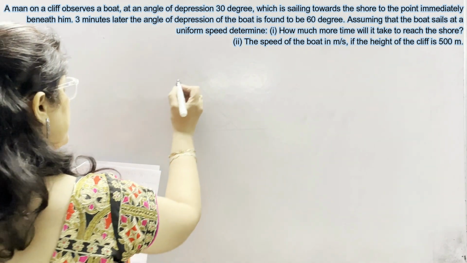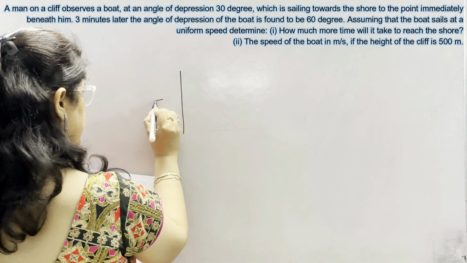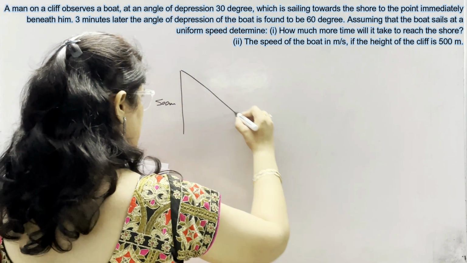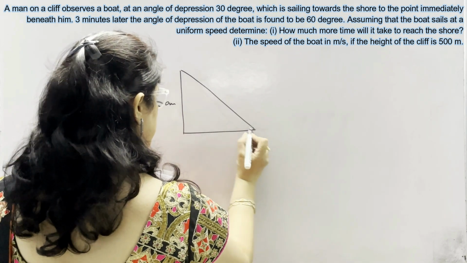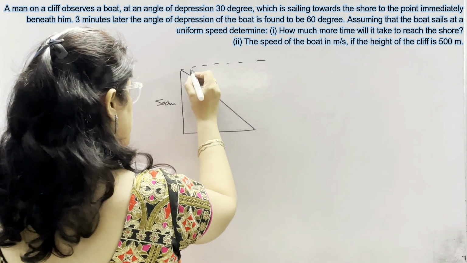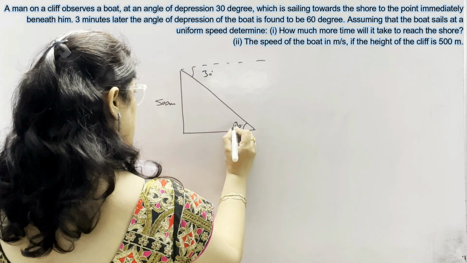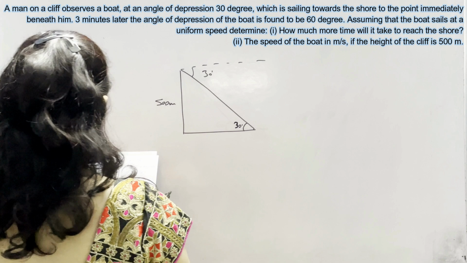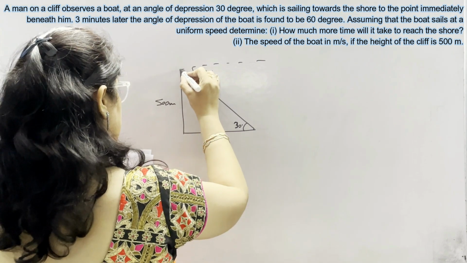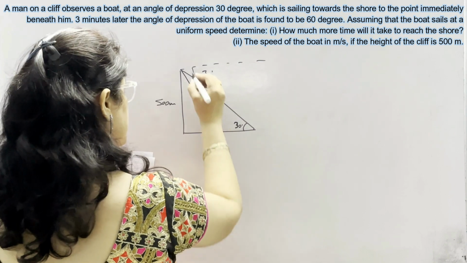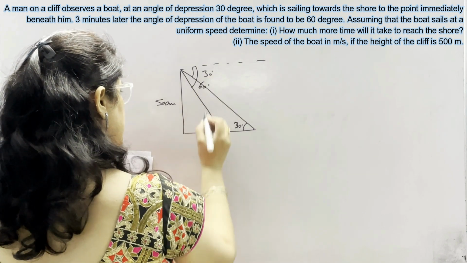Height of the cliff is 500 meter. And then first angle of depression is given as 30 degree. It means here also 30 degree. Then after 3 minutes the boat changes its position and angle of depression changes to 60 degree.